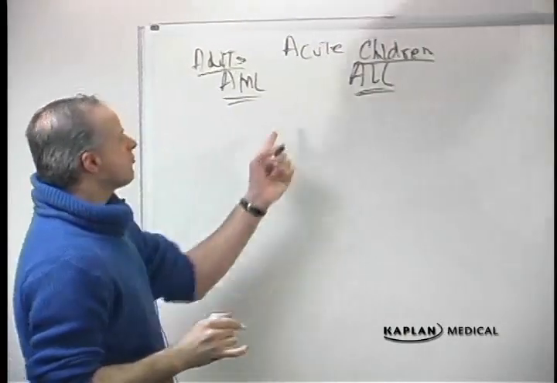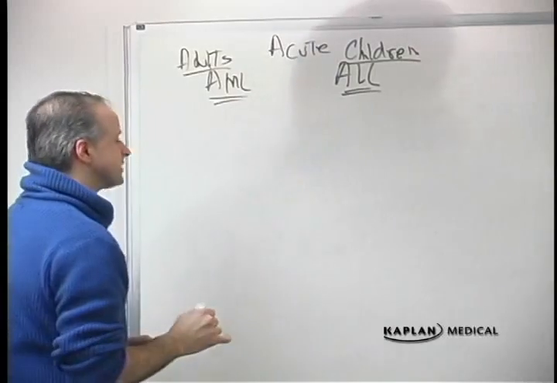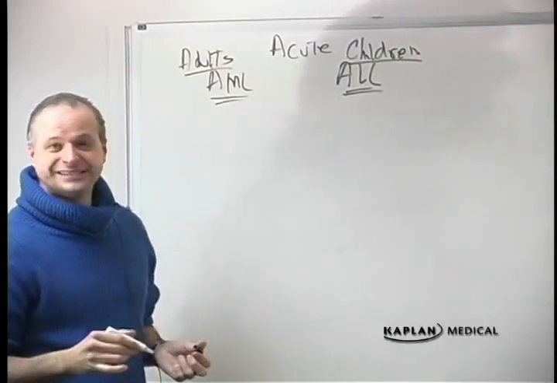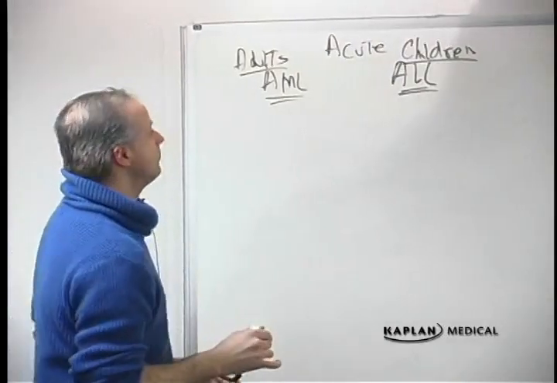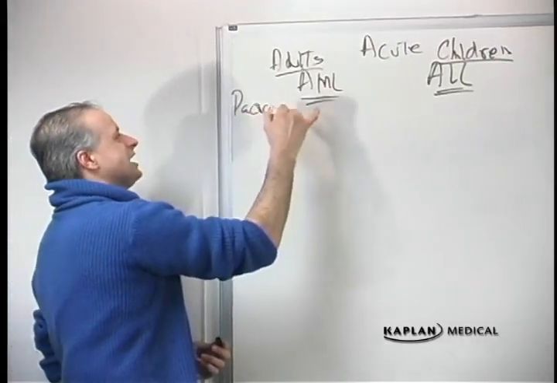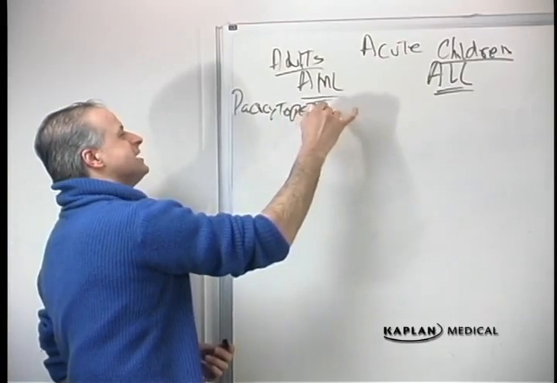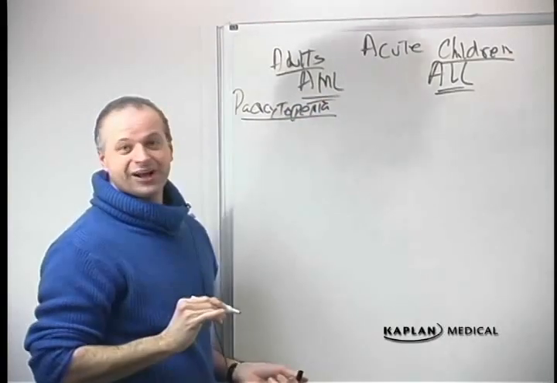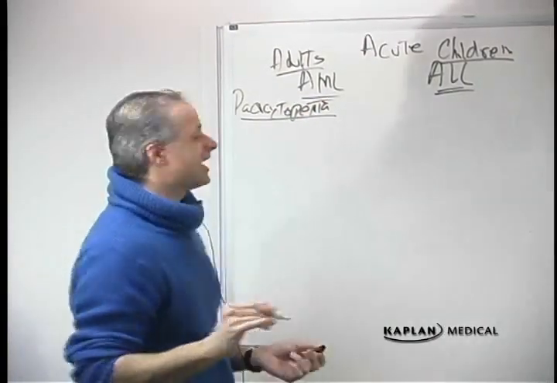Now, all forms of leukemia can present as if there is a pancytopenia. Now, pancytopenia is a person who has diminishment of all 3 cell lines.